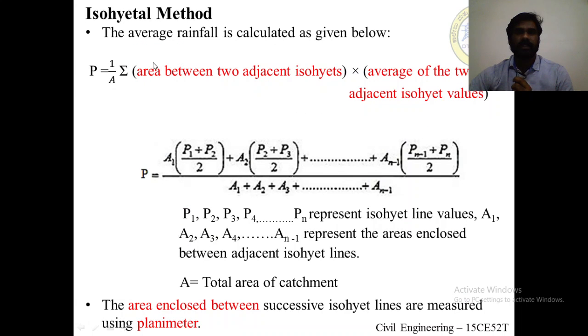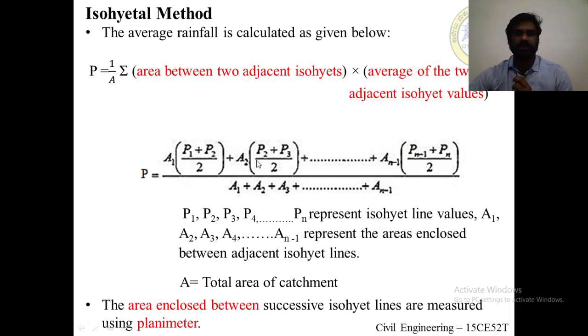See, this is the expression or formula. Average rainfall P is equal to the sum of the area between two adjacent isohyets multiplied by the average of the two adjacent isohyet values, and this whole sum is divided by the total catchment area.